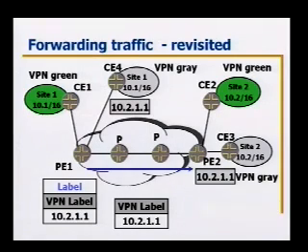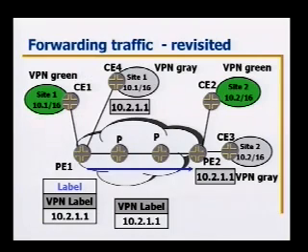What is the purpose of the label? The purpose of the label is to identify a next hop. So my next question is, do I need one label per route, or can I use one label for several routes? The answer is, if several routes share the same next hop, then we can use the same label for all these routes.